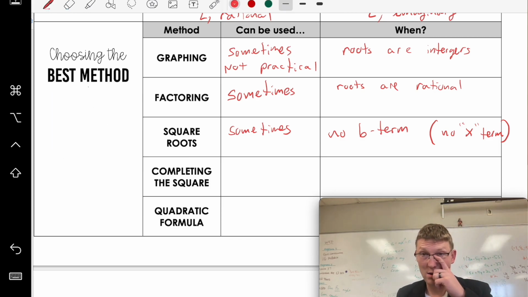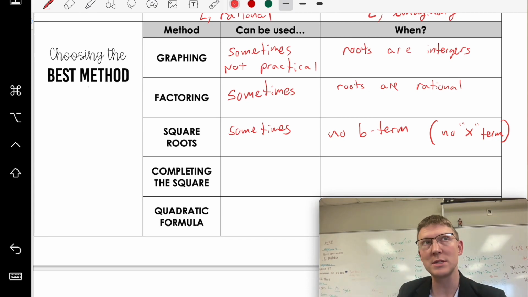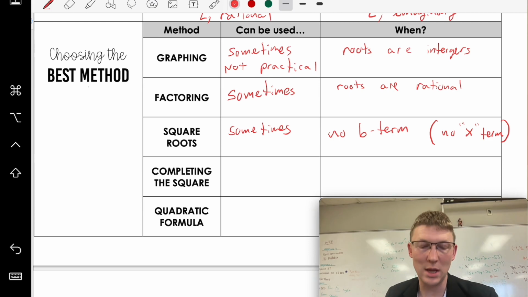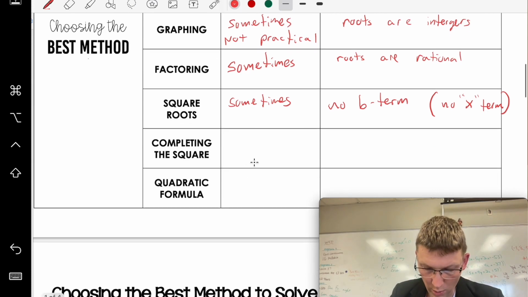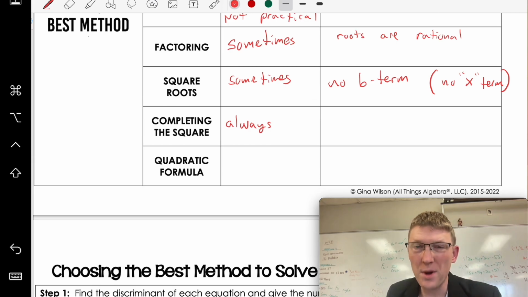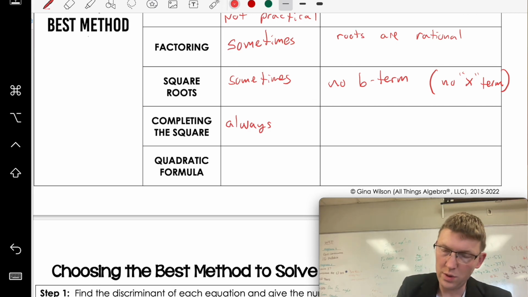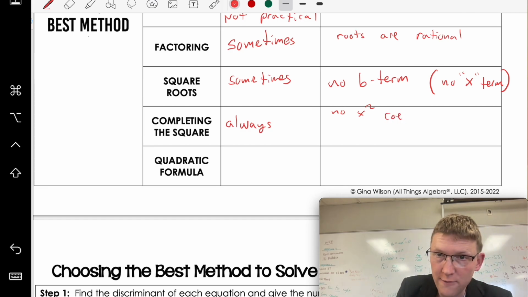So completing the square, that's the one a little bit more complicated, where you're going to add something to one side of the equation, add it to the other, so that you can get a perfect square trinomial, and then you can square root both sides. So completing the square always works, which is nice. But it is best used when there's no x squared coefficient.